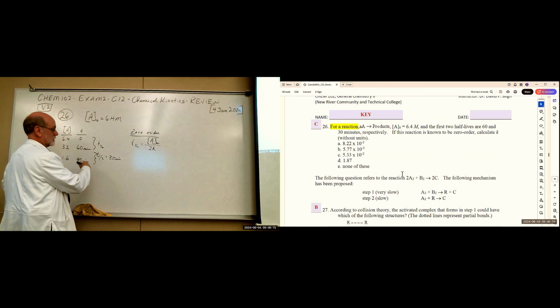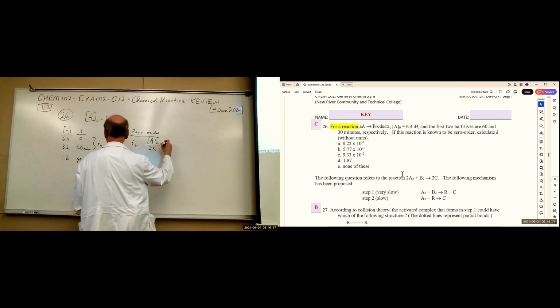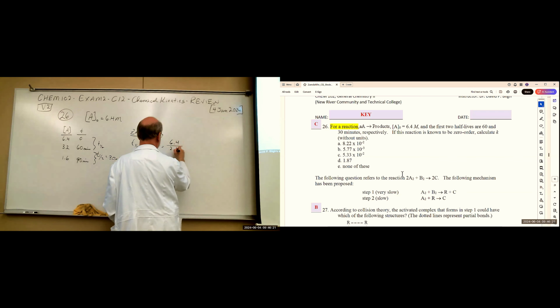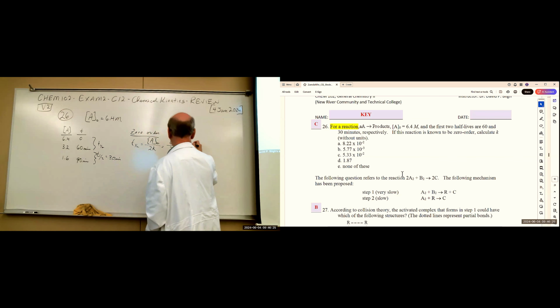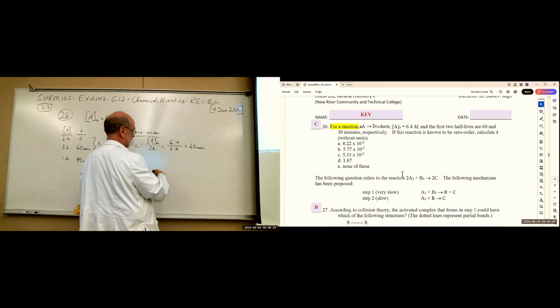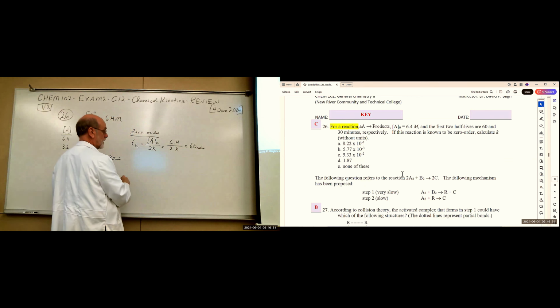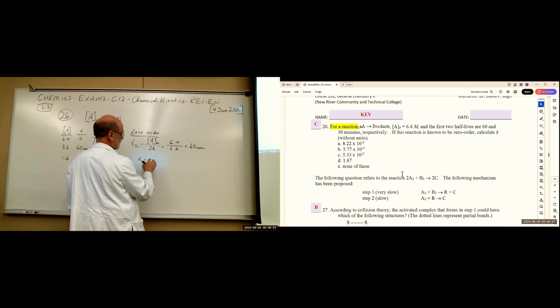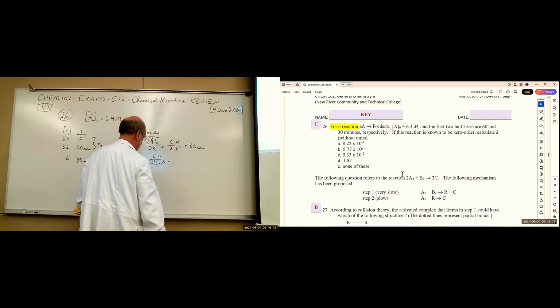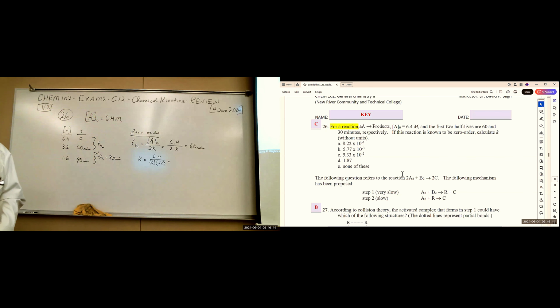We can pick the first one and say A0 is 6.4 molar divided by 2K, and that's equal to the half-life of 60 minutes. Okay, so that's simple. Equation in one unknown, right? K equals 6.4 divided by 2 times 60. So 6.4 divided by 120.